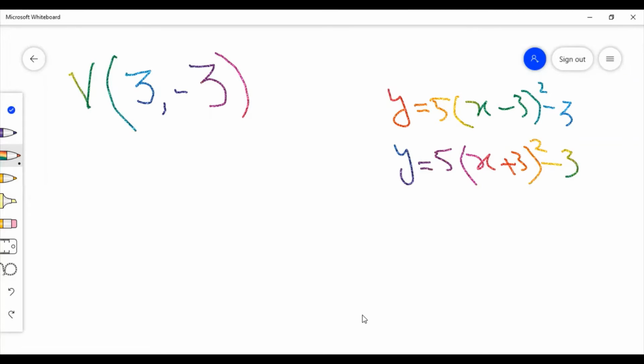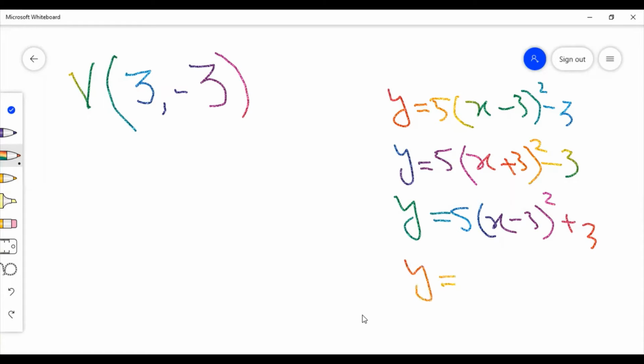The second last choice is y equals 5 (x minus 3) whole square plus 3. And the last one is y equals 5 (x plus 3) whole square plus 3.